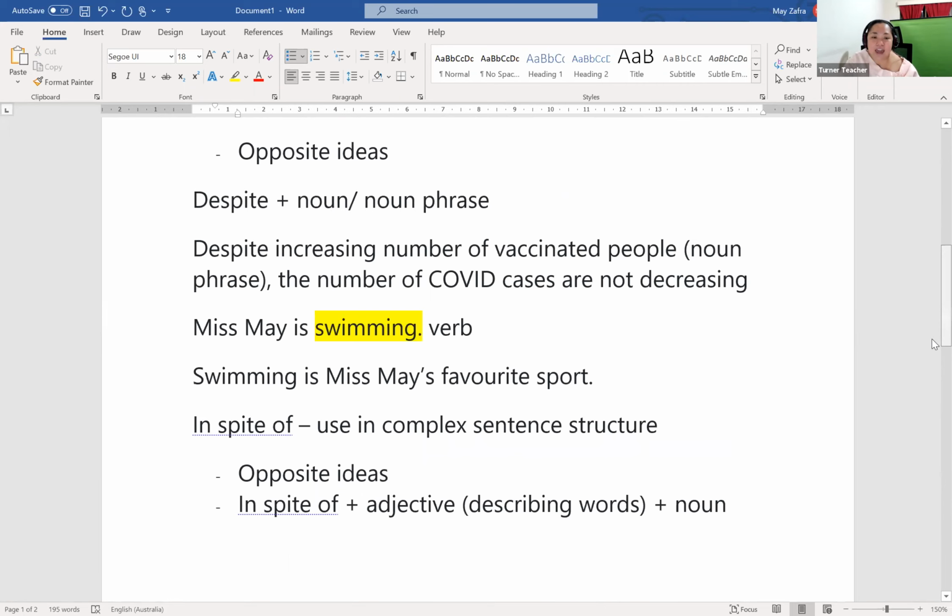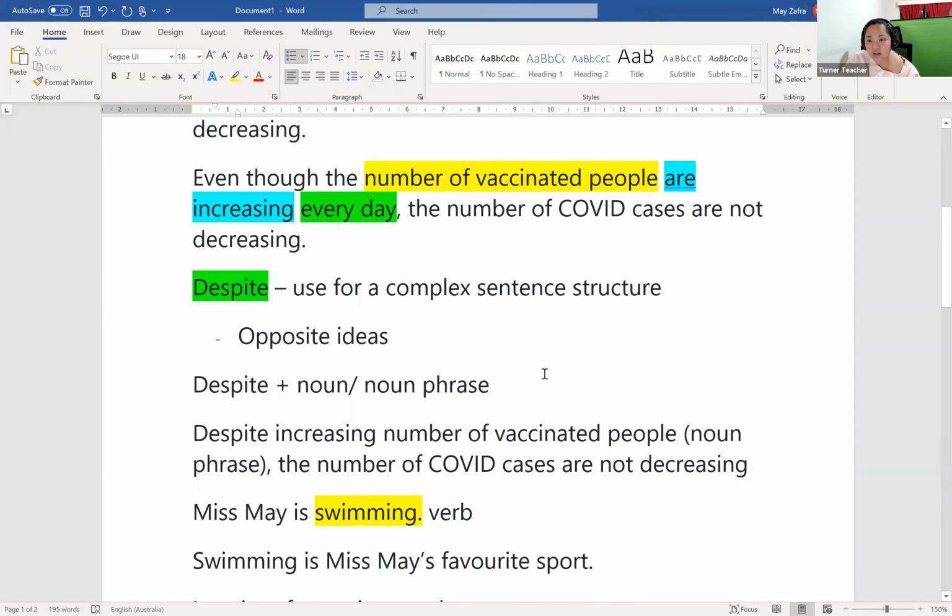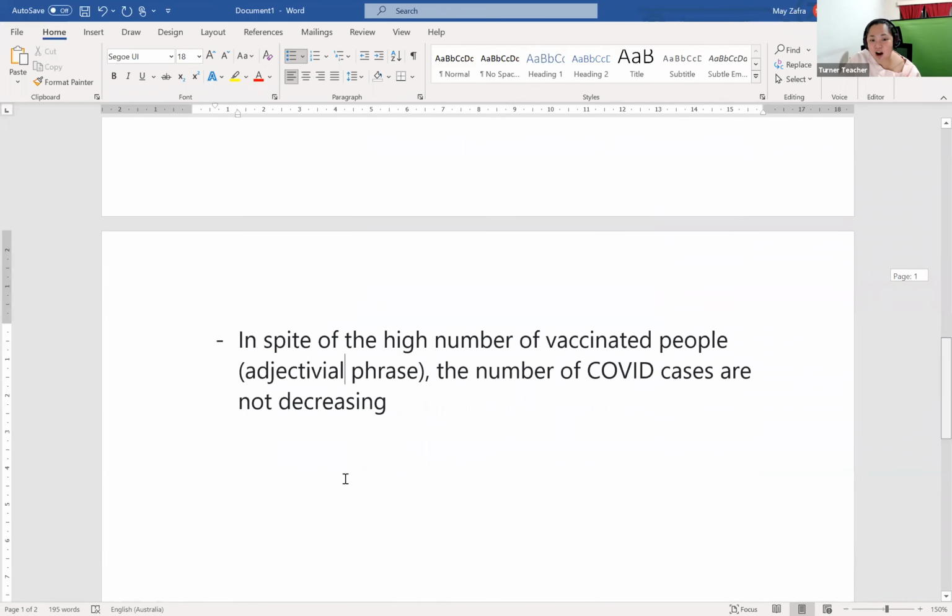Okay. So that is how you can use in spite of, despite, although and even though properly. Do we have questions so far? Do you like English grammar?